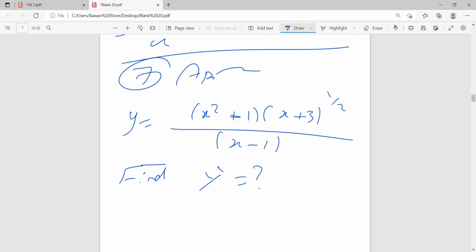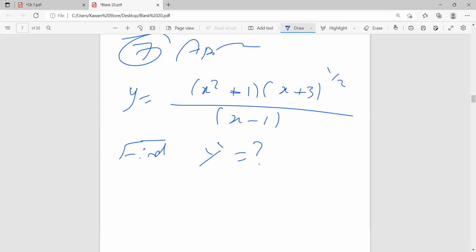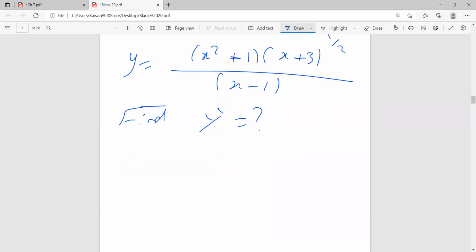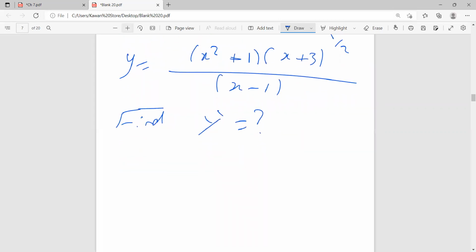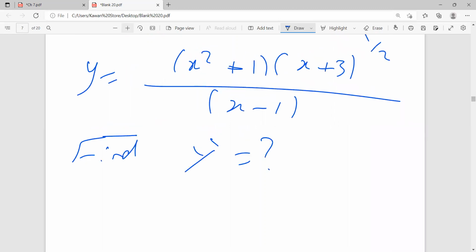In chapters 3 and 4, we say the denominator squared, right? Denominator multiply, but we get what? Long things. Maybe you need 10 or 15 minutes. But if you solve this one by ln, it will help you. How? You can use ln for solving that one.